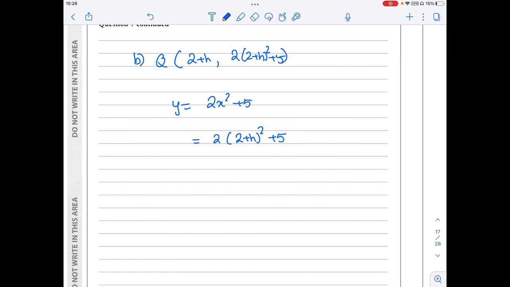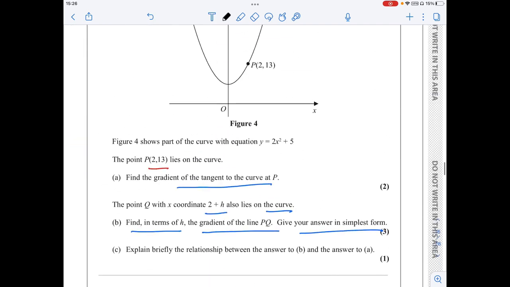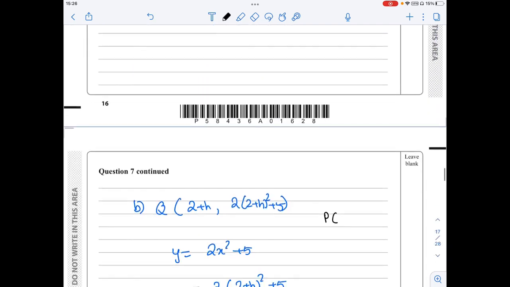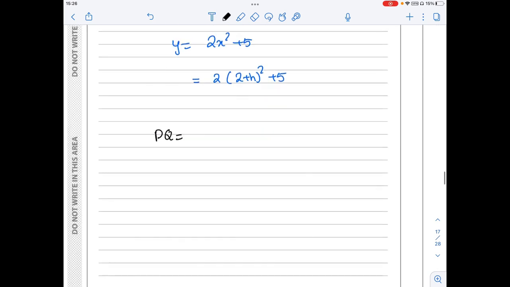Q. Now the gradient of PQ, where P was (2, 13). So the gradient of PQ will be y2 minus y1, which is 2 times (2 plus h) whole squared plus 5 minus 13, divided by x2 minus x1.